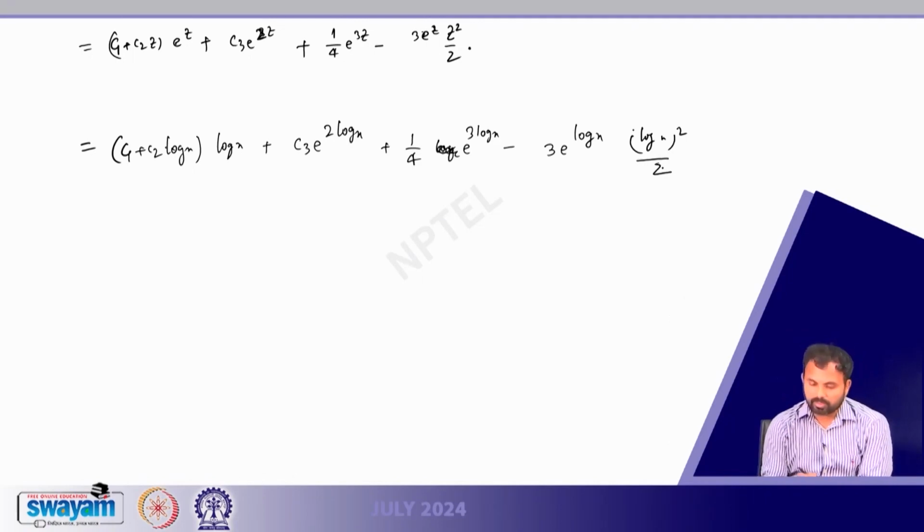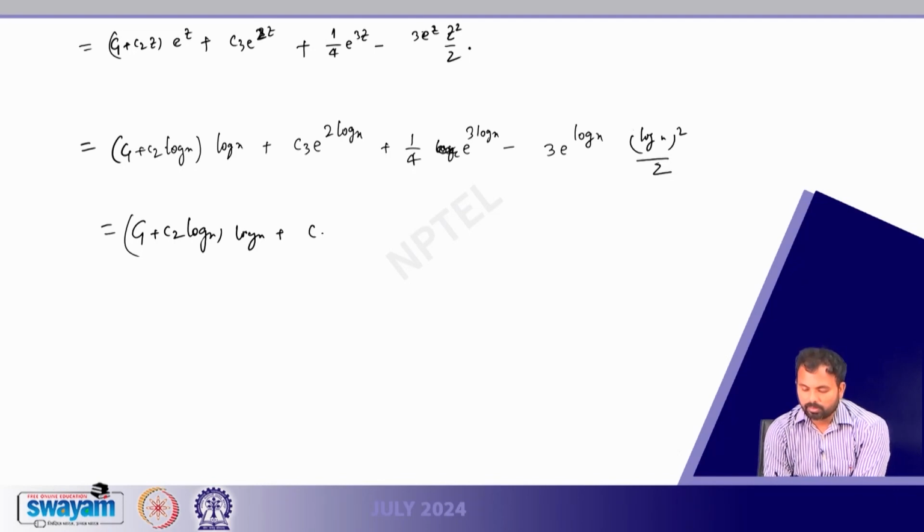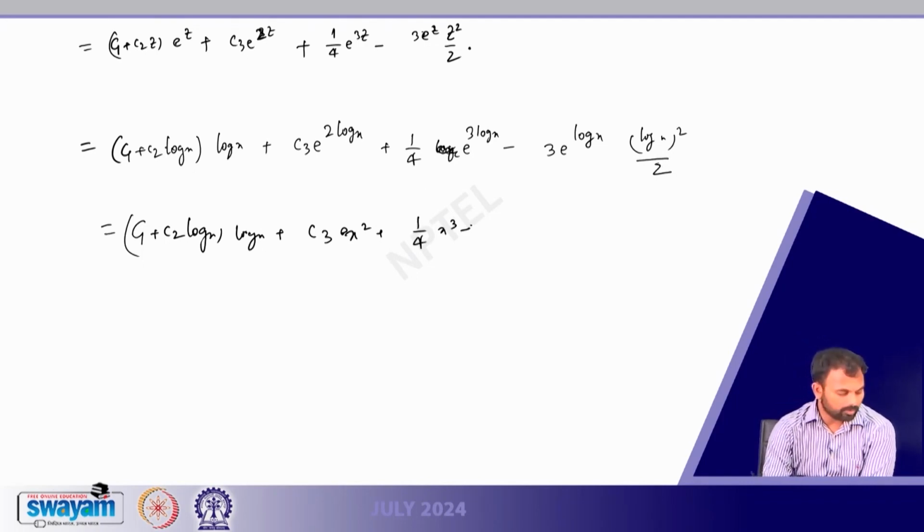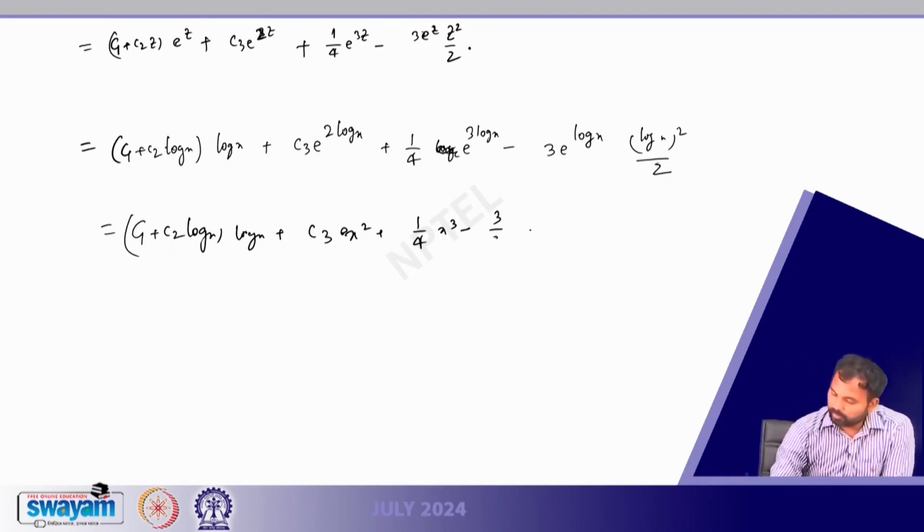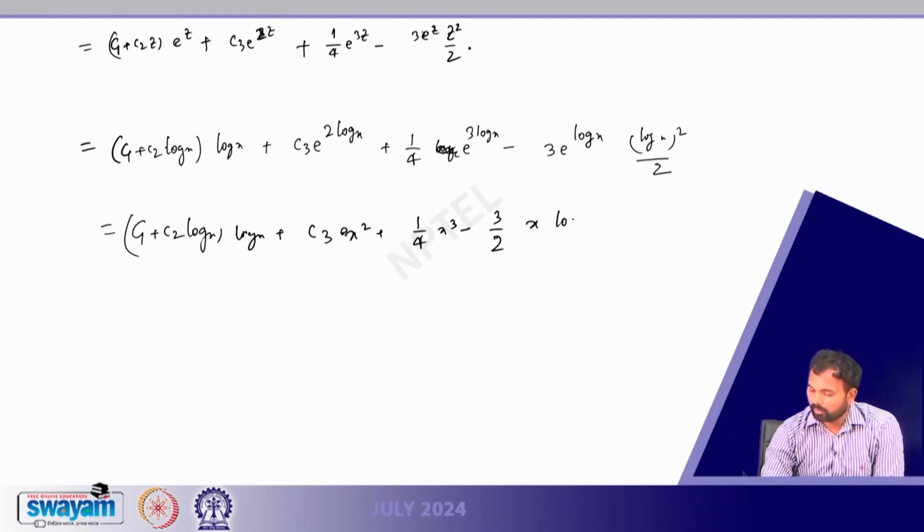So, then in that case this will become c1 plus c2 into log x plus c3 x square plus 1 by 4 x cube minus 3 by 2 x (log x) whole square, right.